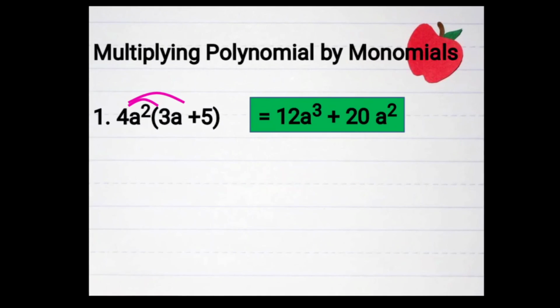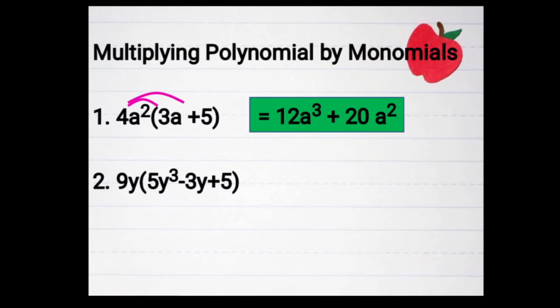Next, we have 9y, that is our monomial, times 5y cubed minus 3y plus 5. As I said, you have to distribute the monomial to the polynomial inside the parentheses.